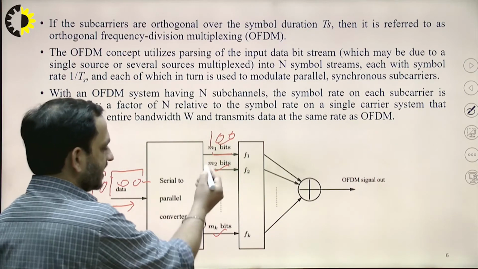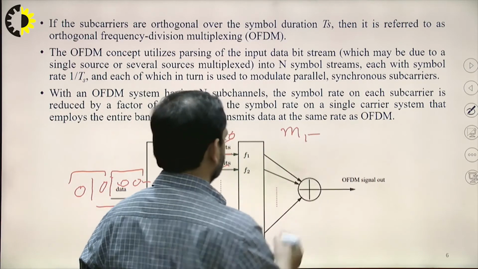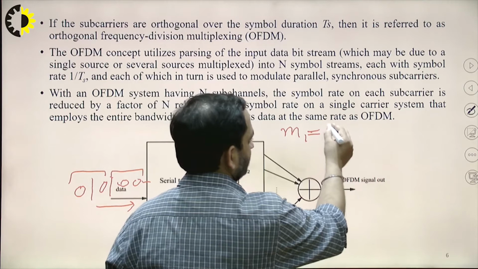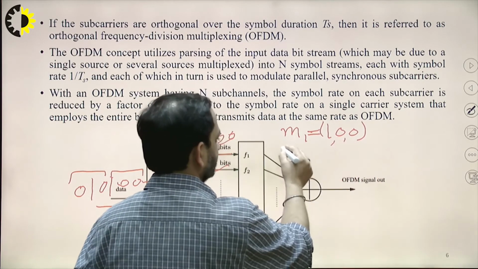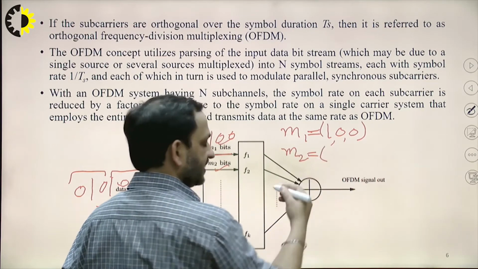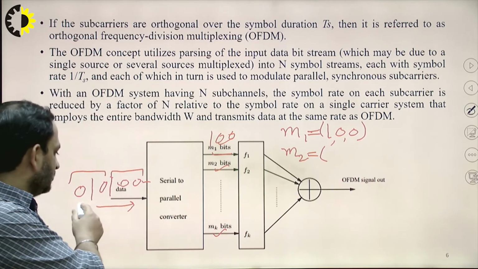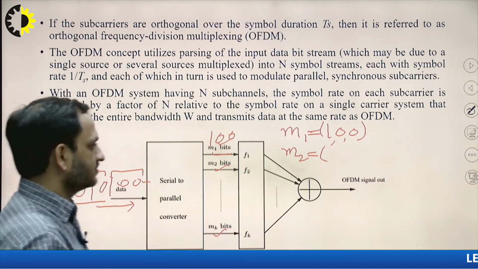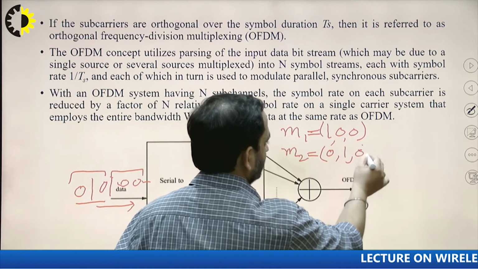So M1 is equal to 1 0 0, and M2 will be the second group of bits, assuming 3 bits at a time, so its value will be 0 1 0, and so on.